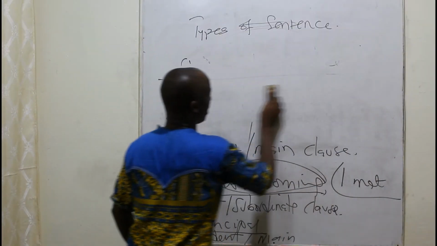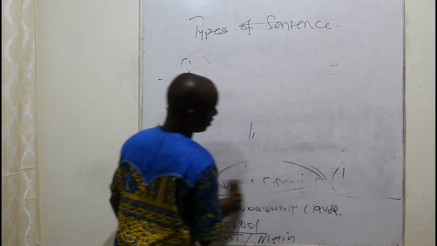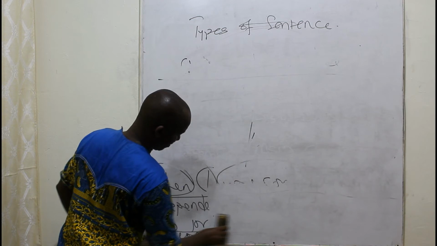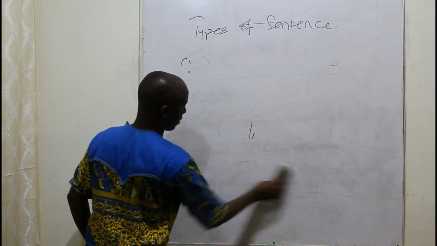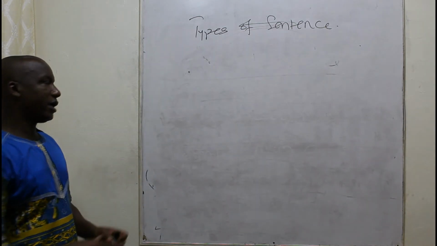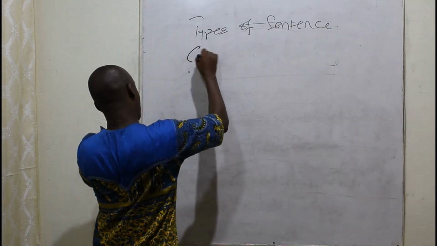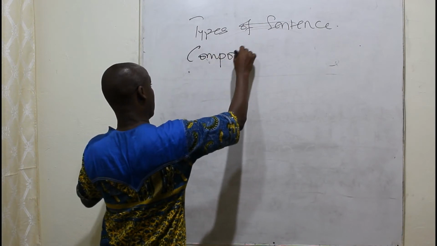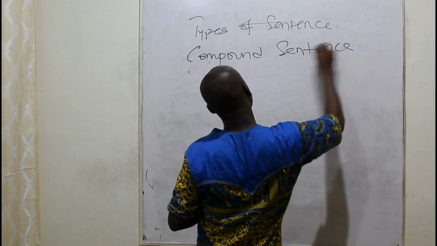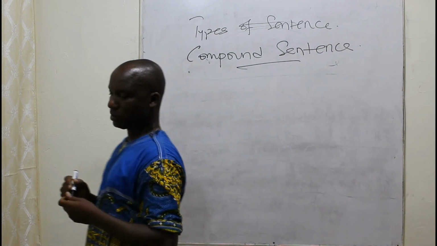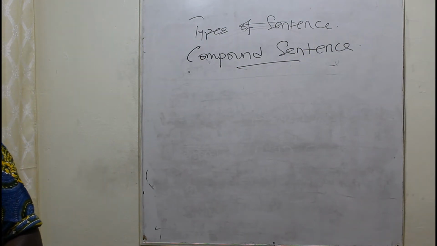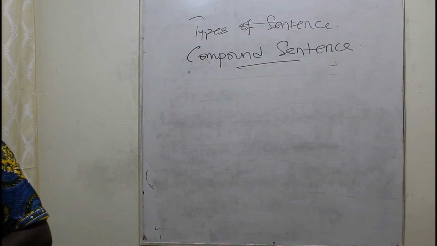Moving on to another type of sentence, and that type of sentence is called the compound sentence. What do we mean by compound sentence?